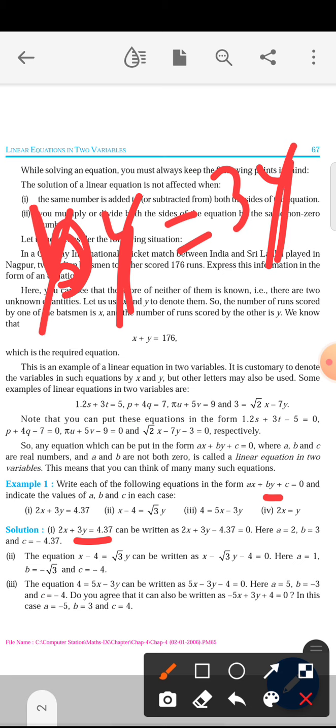So if we divide by y on both sides, y cancels, and b equals 3, which is written there. Okay, and the last term is 4.37.